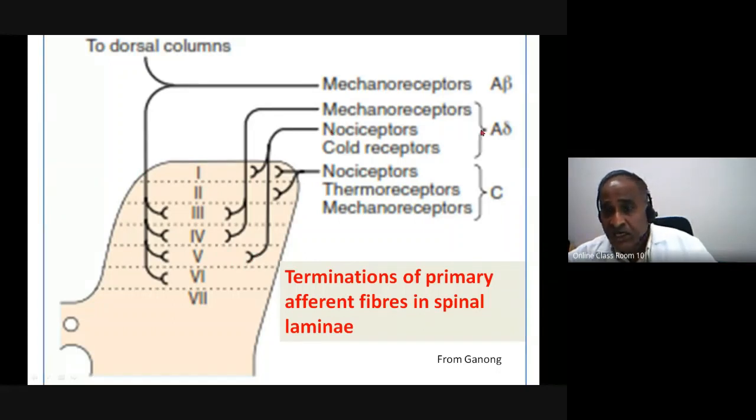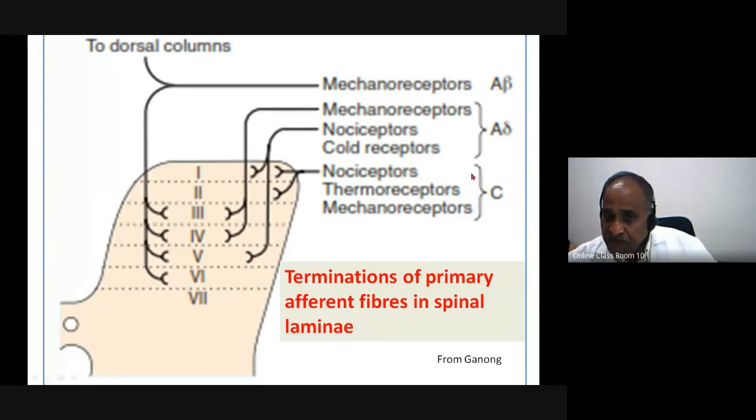That is the A delta fibers carrying the pain. A delta fibers also carry the cold sensation. These cold sensations are also relayed in the same lamina, that is 1 and 5.